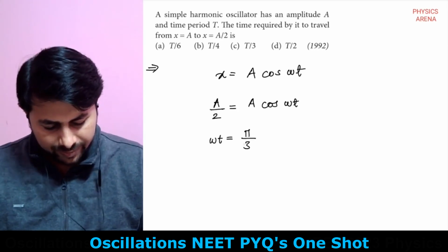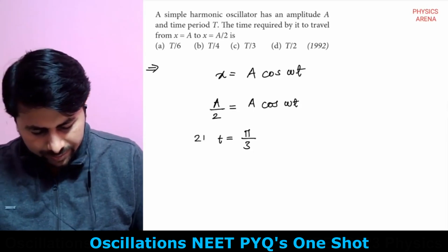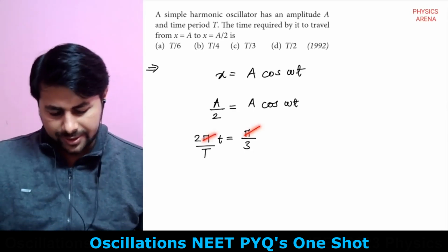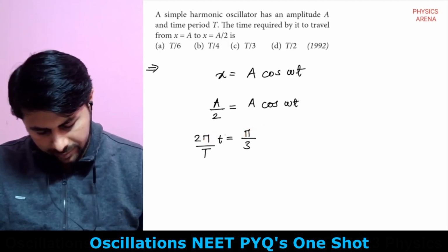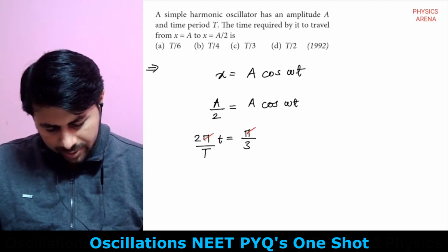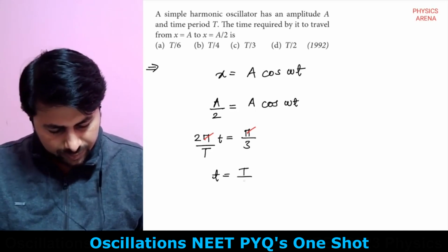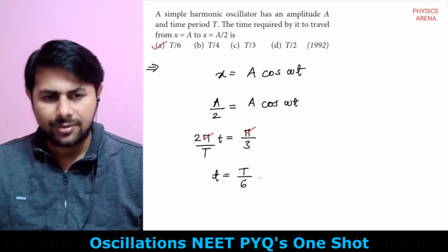Pi by 3. So omega is 2 pi upon T. Pi and pi get cancelled. So t equals T by 6. Right. So option A is the answer.